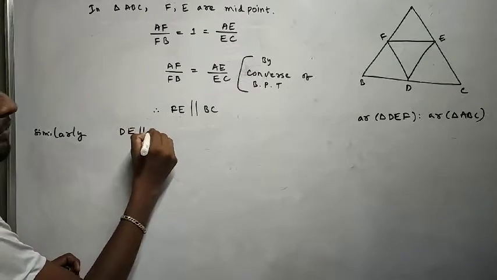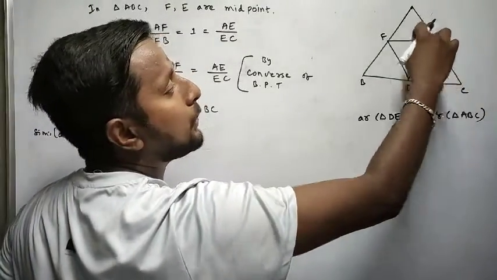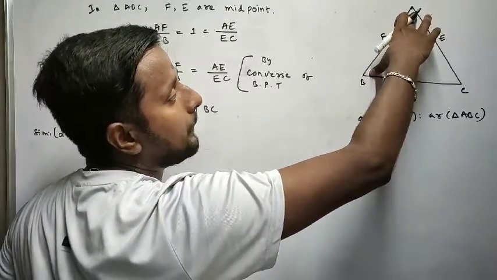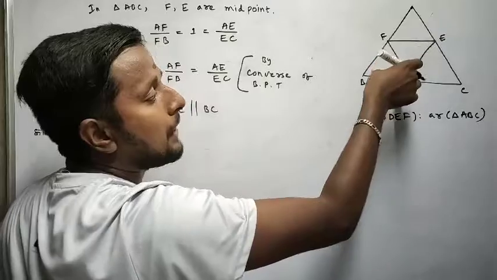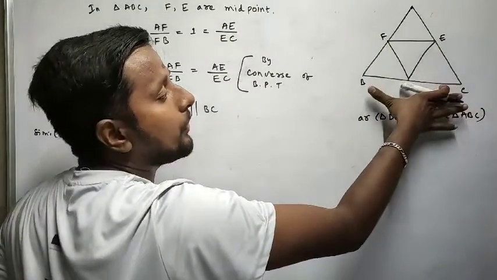DE is parallel to AB. Now DE is parallel to BF also, because BF is a part of AB. FE is also parallel to BD, because BD is a part of BC.